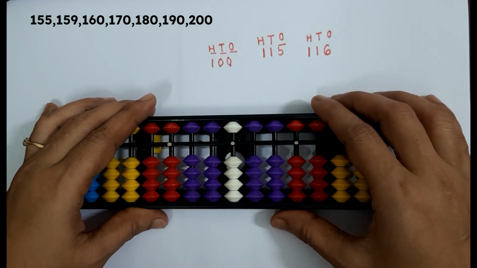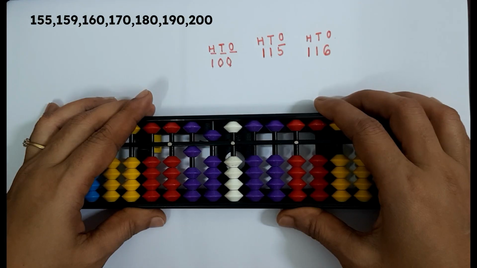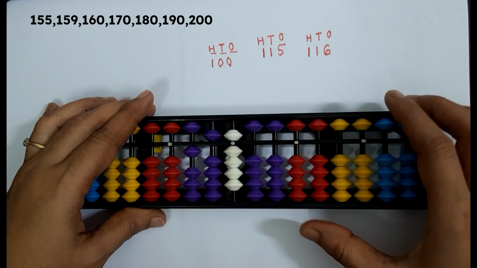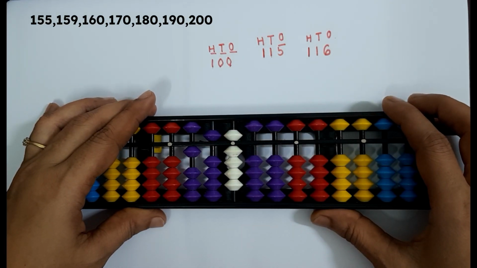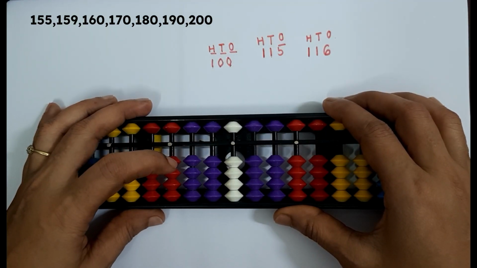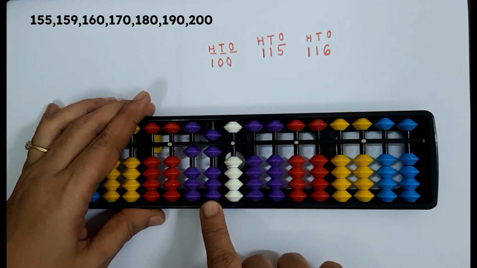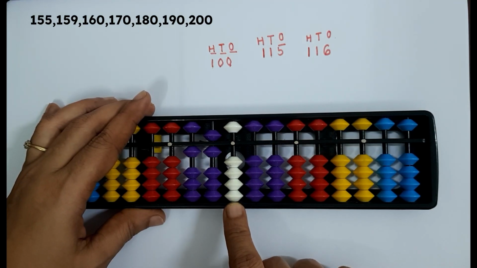Next 159. 1 at hundreds place, 5 at tens place and 9 at ones place. Now it is 159. Next 160. 1 at hundreds place, 6 at tens place and 0 at ones place.